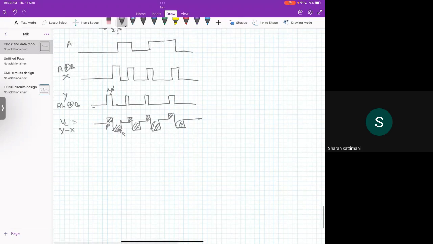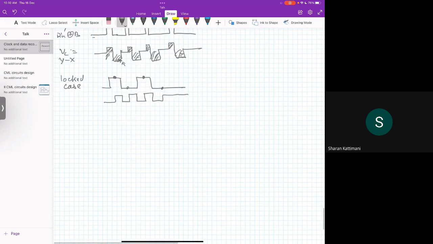Okay, but in the locked case, so the locked case will be when the data is something like this, and the clock is falling at middle of it. If this is the case, then this VC will be something like this, and the area of both will be the same.